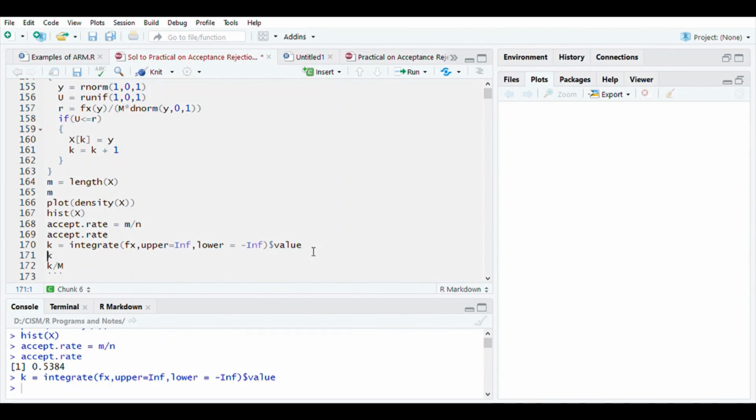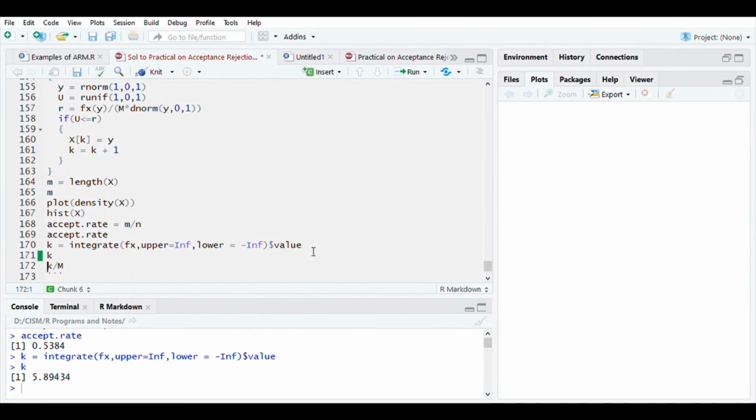If we had used the improper version, then instead of M we would have got M by K as the answer. So 1.85, we would have got 1.85 as the value of M.